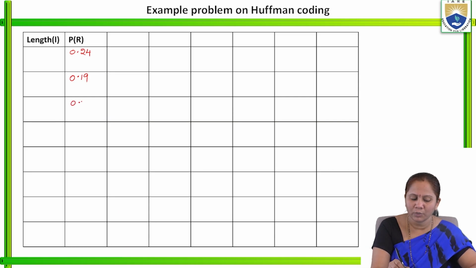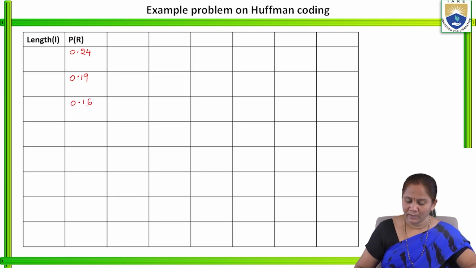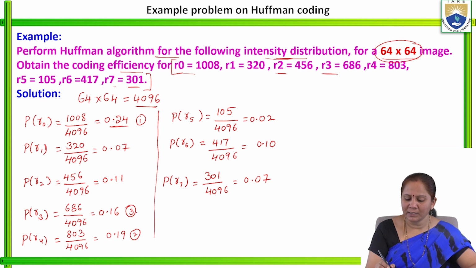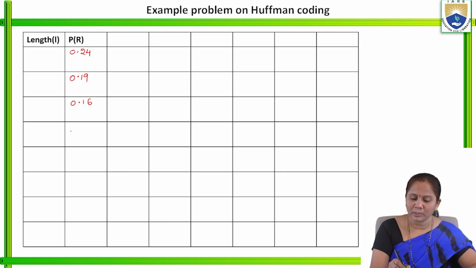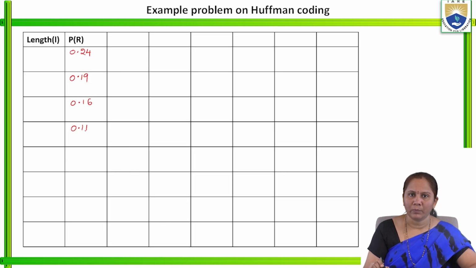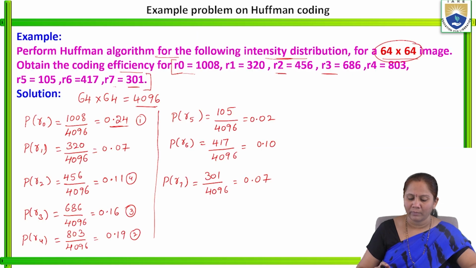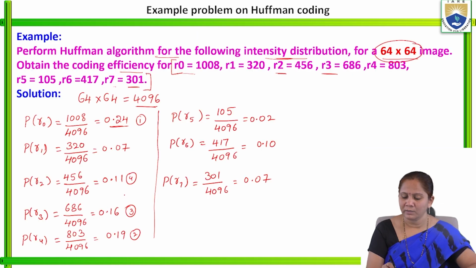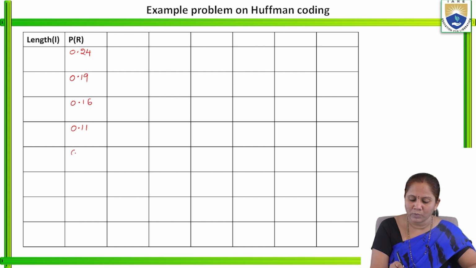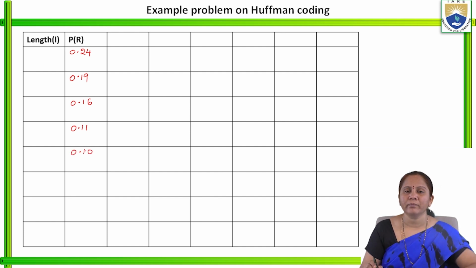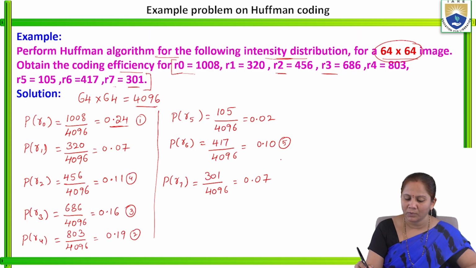Then the next highest probability is 0.11. And after 0.11, we have the next highest probability 0.10. And after 0.10, which one is the next highest probability?